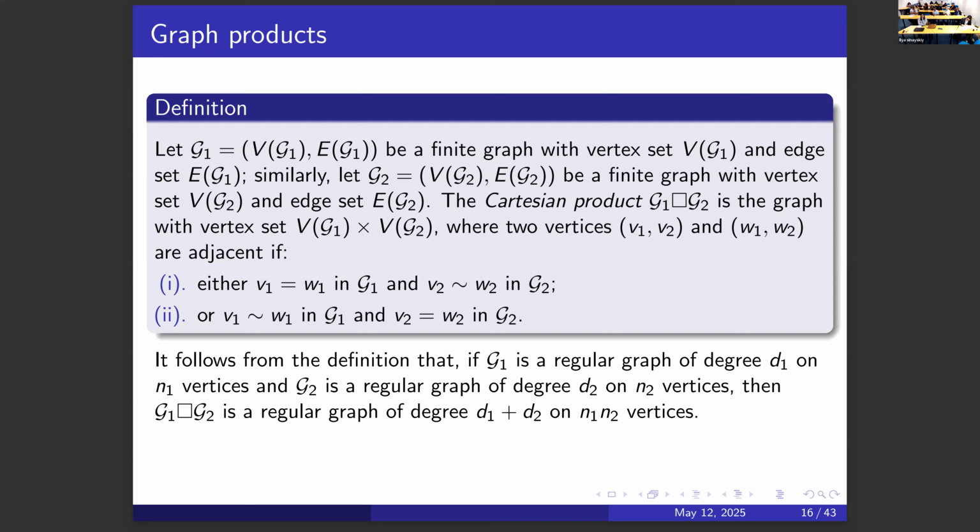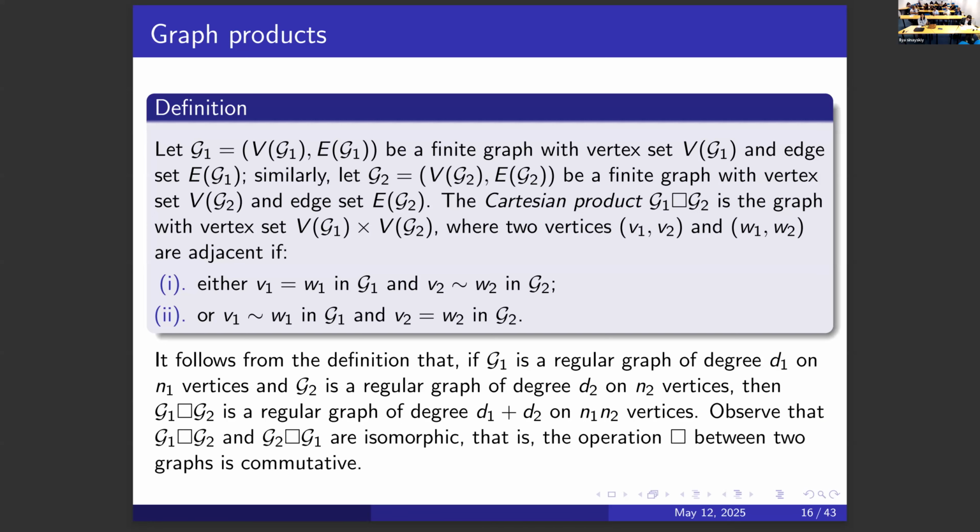That's what the cardinality of this set is going to be, N1 times N2. A nice property we have is that G1 cross G2 and G2 cross G1 are isomorphic, so there's no conflict in the way that we define this graph product, and everything works out nicely, which turns out to be the case when we're talking about the central products as well.